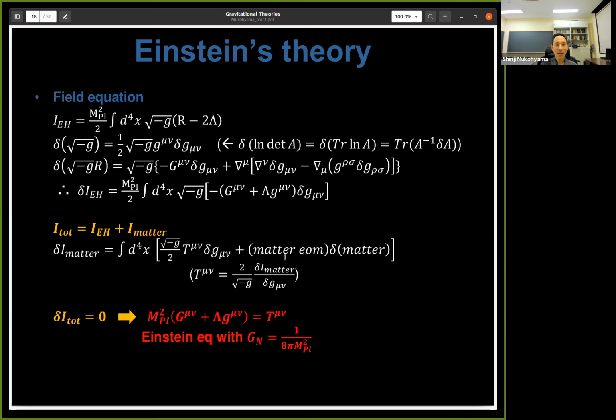But the variation of matter is independent of the variation of the metric. So we separately demand that the coefficient of delta g_mu nu in the variation of the total action vanish, and also the coefficient of delta matter vanish. So we have the Einstein equation and the matter equation of motion.